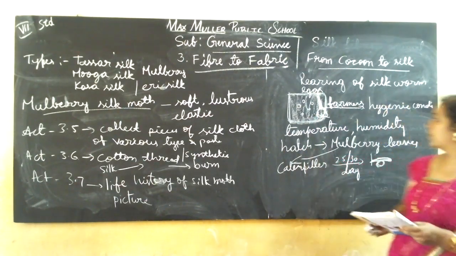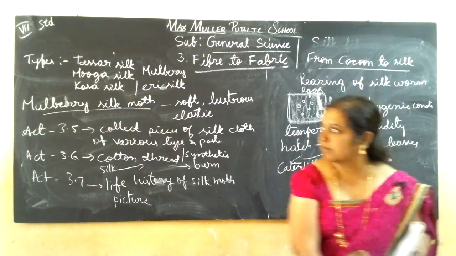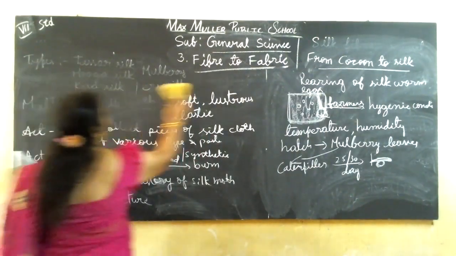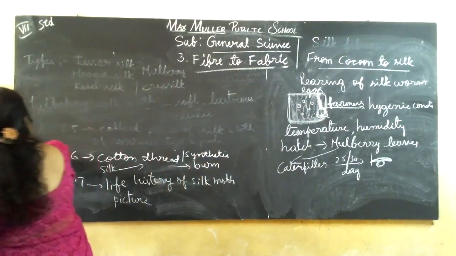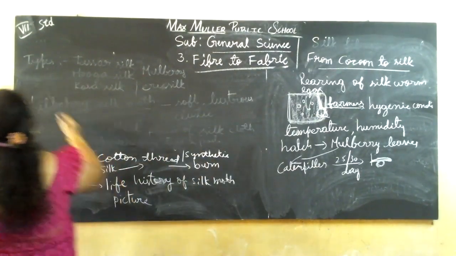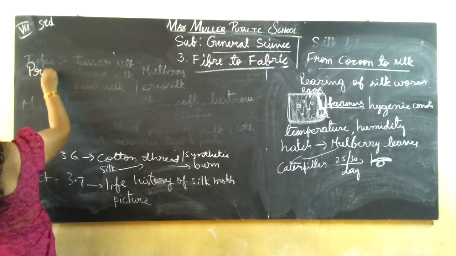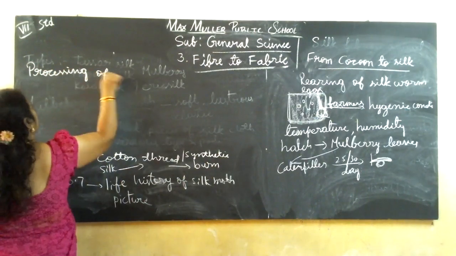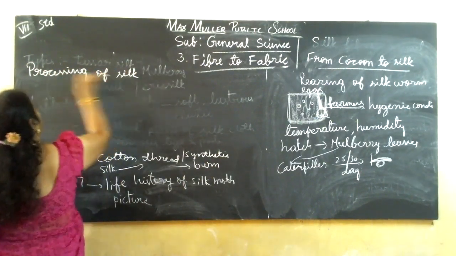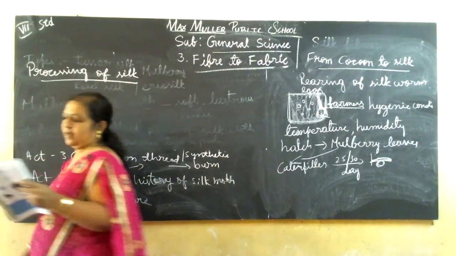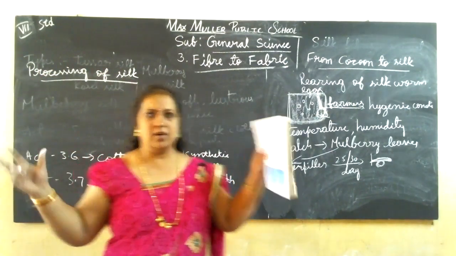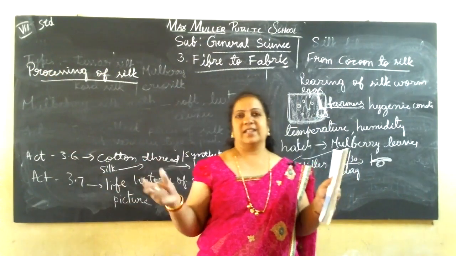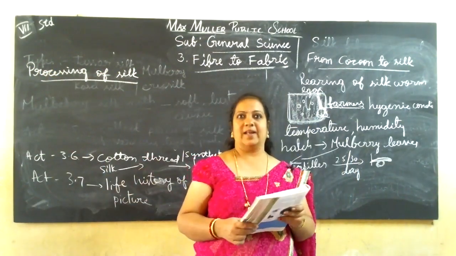Okay, then the processing of silk. So in the processing, a pile of cocoons, meaning a lot of cocoons, will be ready for harvesting, meaning they have to remove them from that place.